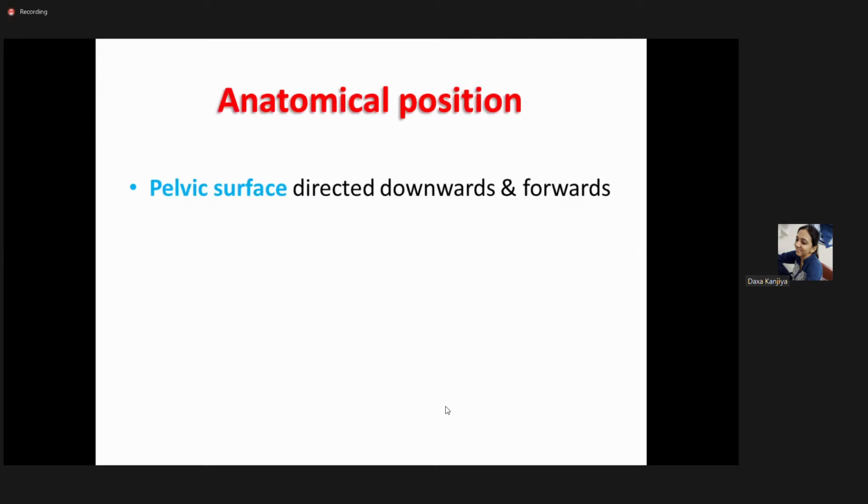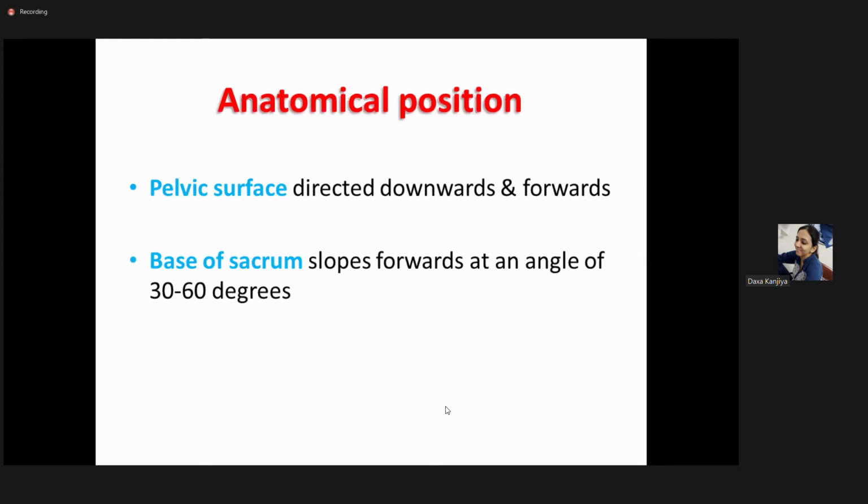Pelvic surface is directed downward and forward. Base of sacrum slopes forward at an angle of 30 to 60 degrees with the horizontal plane. And third important point is the direction of sacral canal. It is directed upward and backward. So if you are having a bone, you keep this point for its anatomical position.